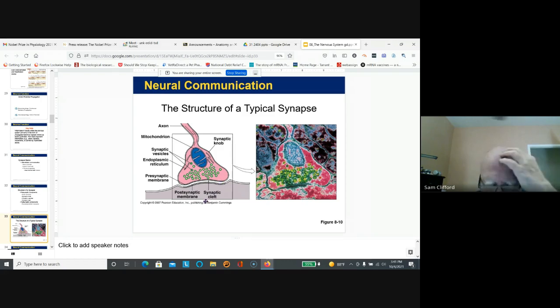So all skeletal muscle has to be stimulated by motor nerves. So that's why it's called the voluntary muscular system.